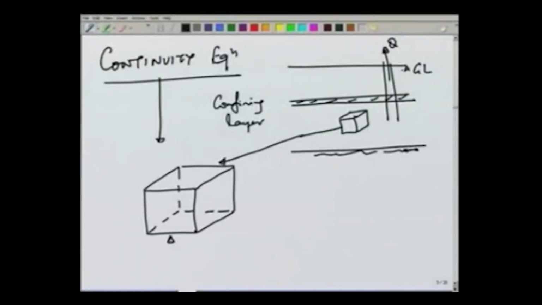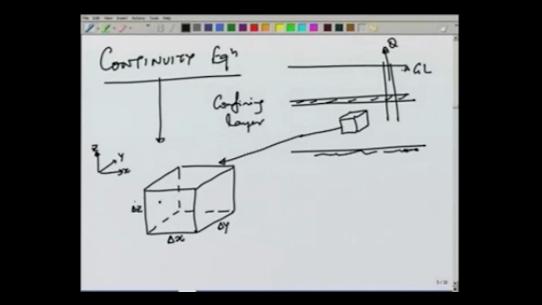So, we take this elementary volume which has size delta x, delta y and delta z. Of course, our x, y and z directions are like this.